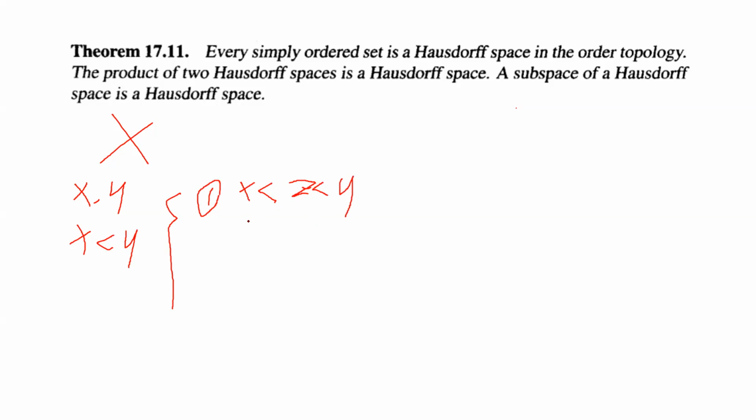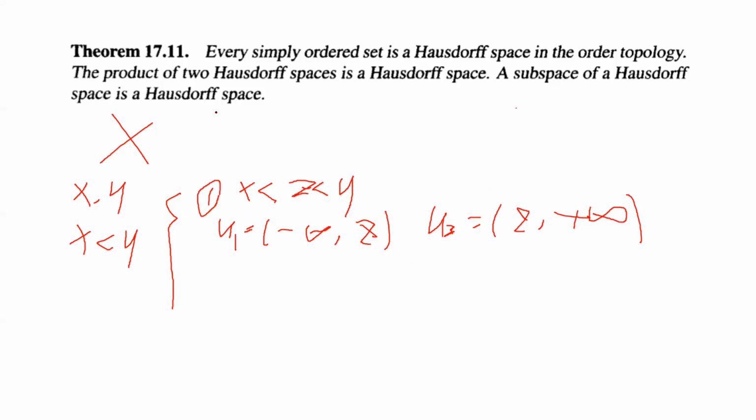In this case, we can find two neighborhoods, where U1 equals minus infinity to z and U2 is z to infinity. So this satisfies the definition of the Hausdorff space.